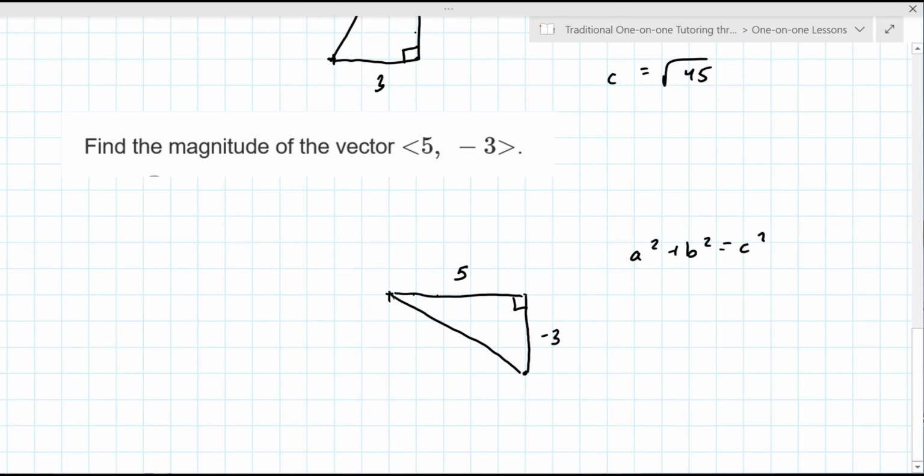Right, but we might write this as negative because a squared plus b squared equals c squared. What happens when you square a negative? It becomes positive. Right. So in terms of the magnitude, it doesn't matter. It's going to go away. All right.